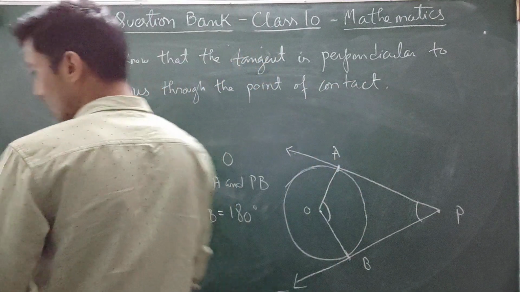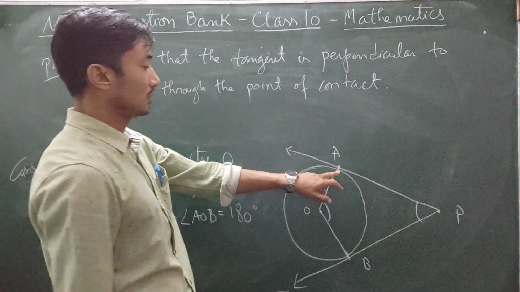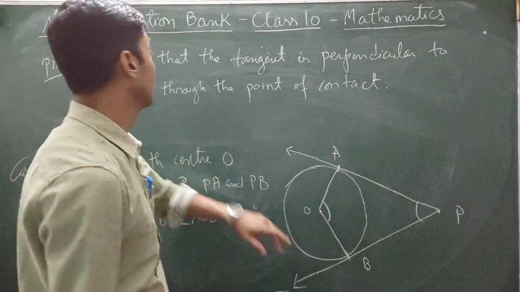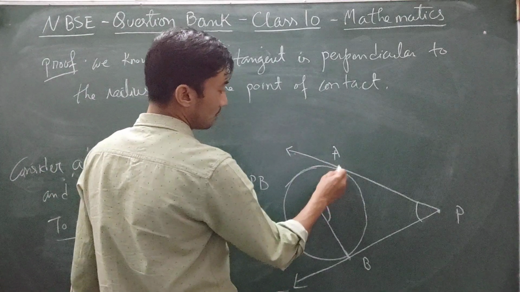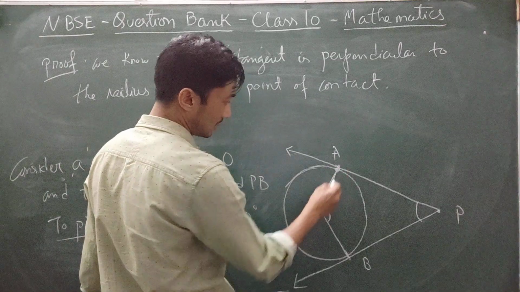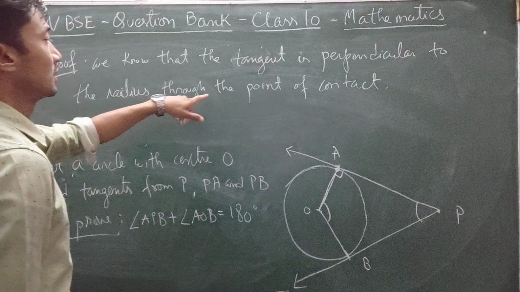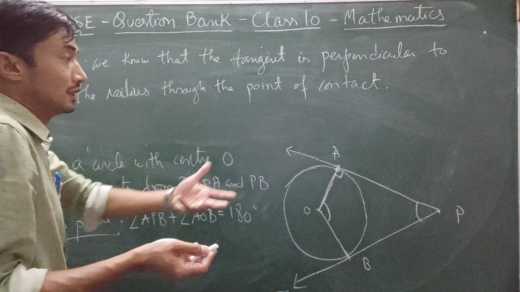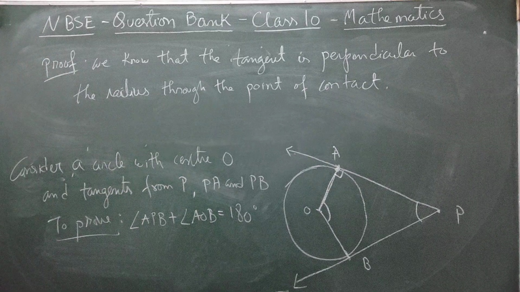In short, the theorem is that a tangent is always perpendicular to the radius joining the point of contact and the center. So this is a tangent, we join the point of contact to the center, and it is 90 degrees. That is how it will be written.